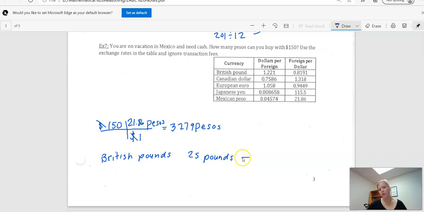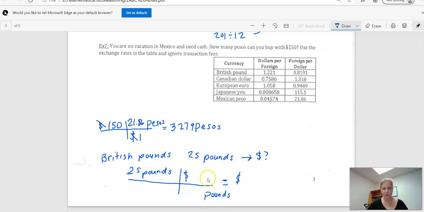And what we want to know is how many dollars is that? So we're starting out with 25 British pounds, and we want the answer to be in dollars. Well, pounds is going to have to go on the bottom. Dollars is going to have to go on the top.